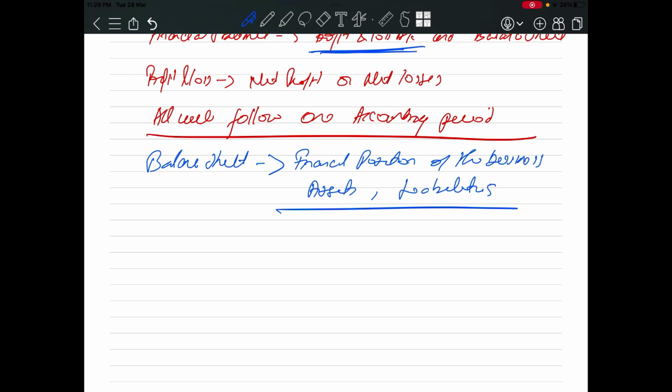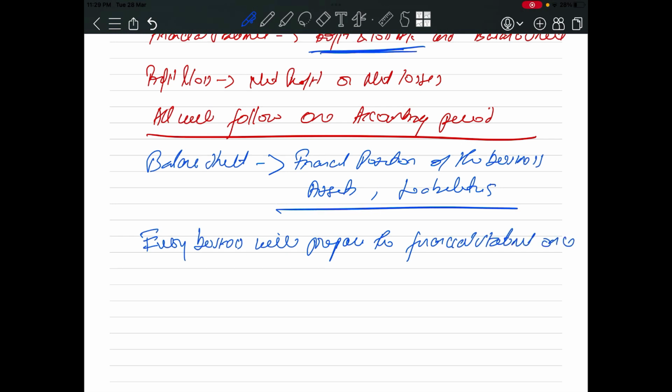Every business will prepare the financial statements once in a year, and this span of time is called accounting period. Simple as that.